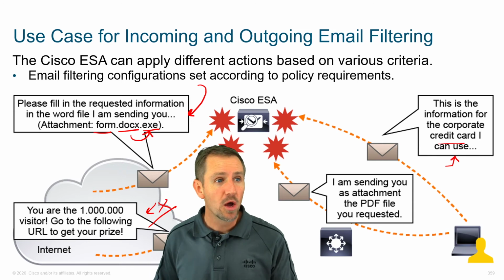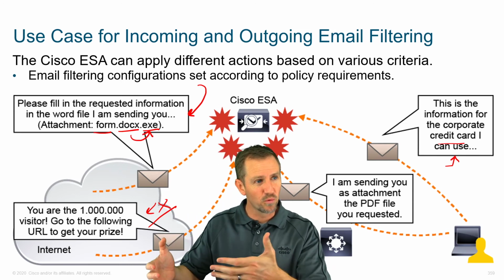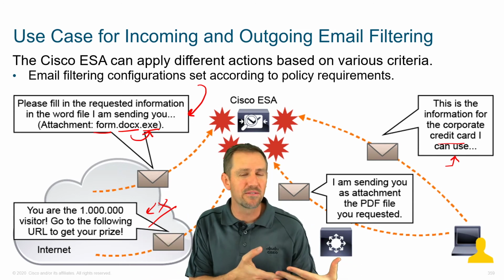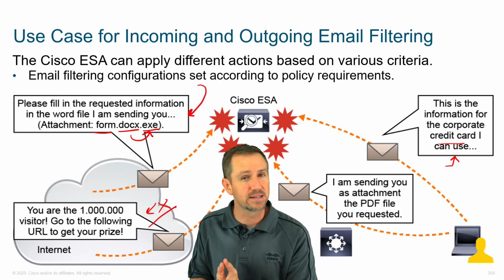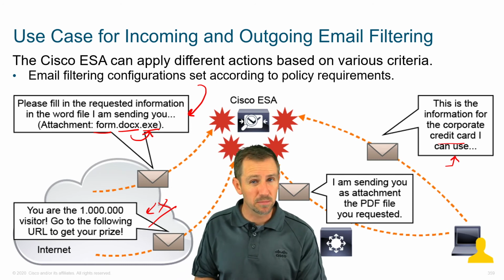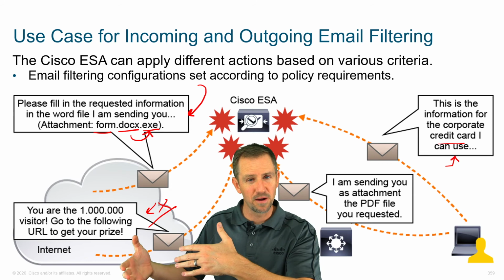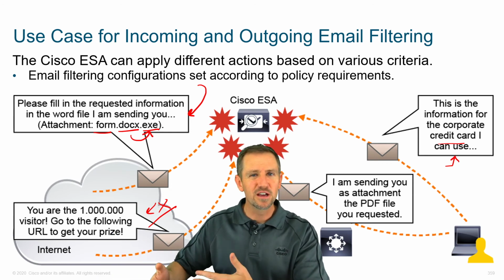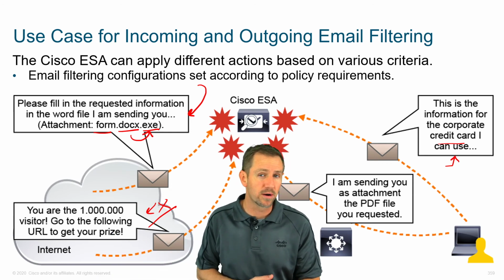If you think about previously, what were our capabilities? If we don't have an ESA, what am I using to really lock down my email? You probably have some controls inside of your mail server software where you can do some filtering, and there's software that you could run as well.